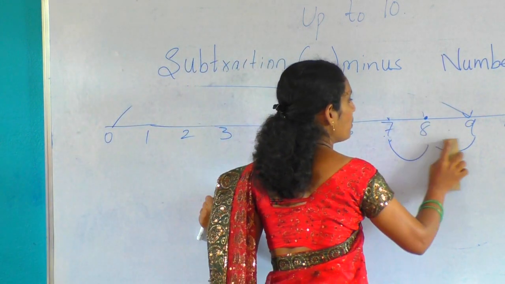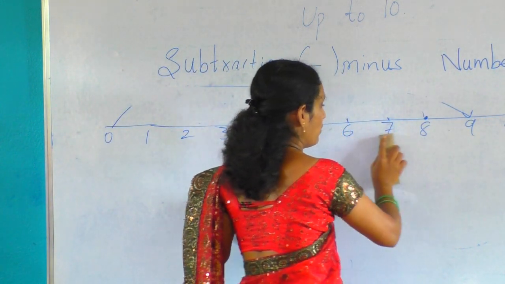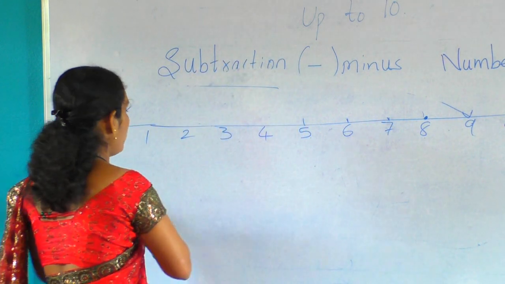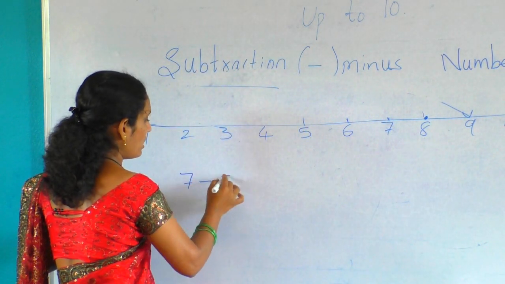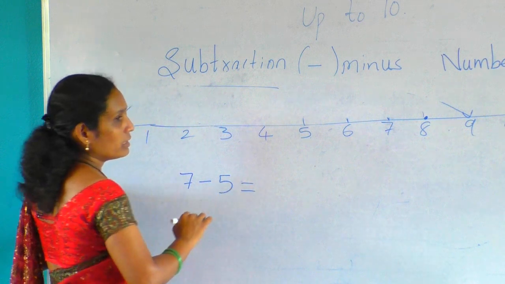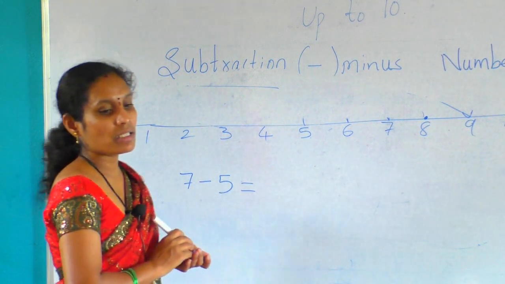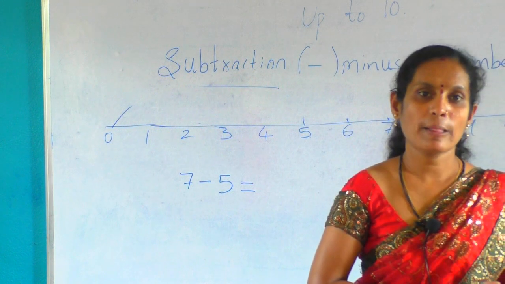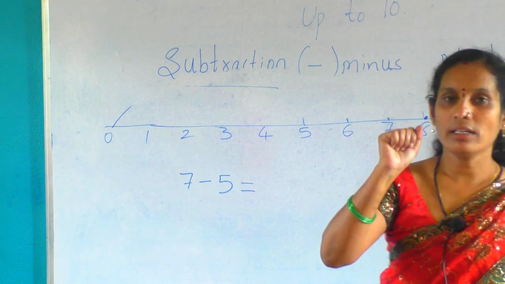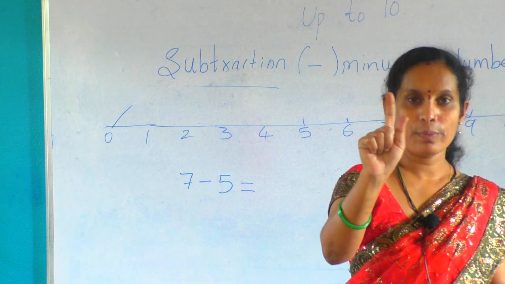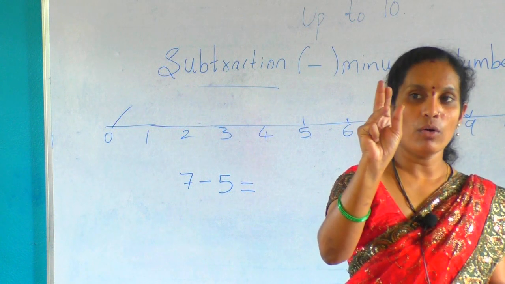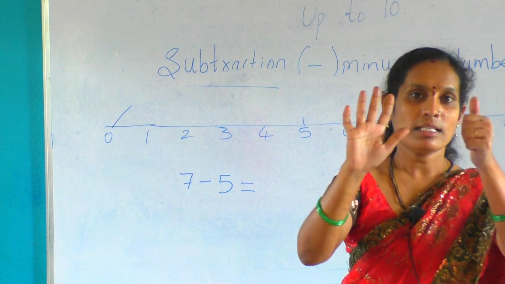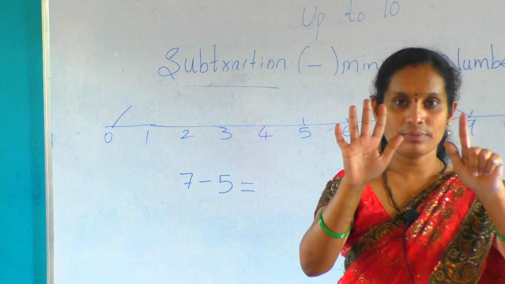Next, take another example. 7 minus 5. See, now 7 minus 5, how are you subtracting? Open 7 fingers: 1, 2, 3, 4, 5, 6, 7.